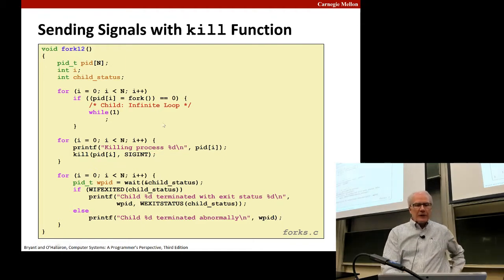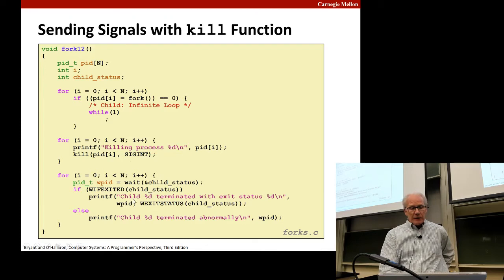Here's an example of some code that fires off a bunch of children, all of which just go into an infinite loop. What I'll do then is kill them, meaning I'll call the kill function on their process IDs, where the type of signal I'm sending is SIGINT.